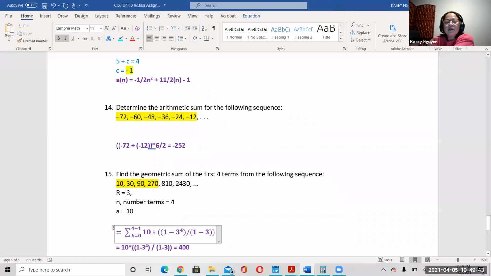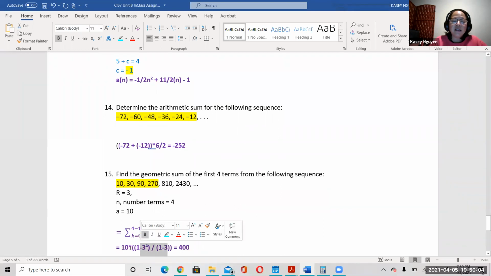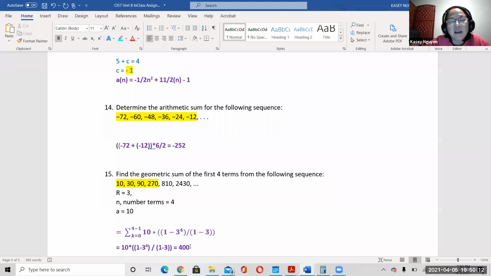After you raise it to the exponent, do the subtraction, do the division, then you get the result from the inside, then you multiply it by 10. So you should get 40 times 10, which gives you 400. So 400 is the total for the first 4 values in that sequence.